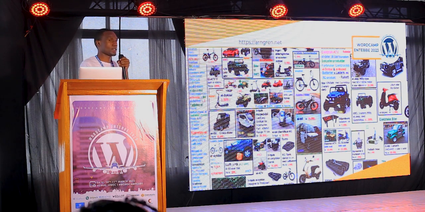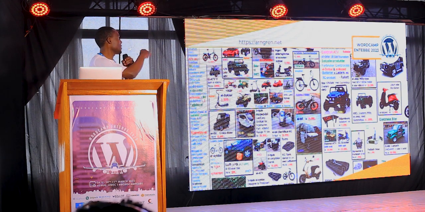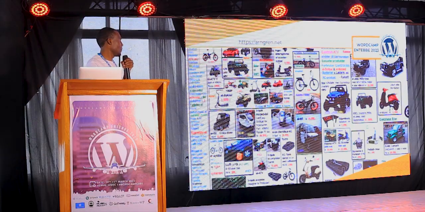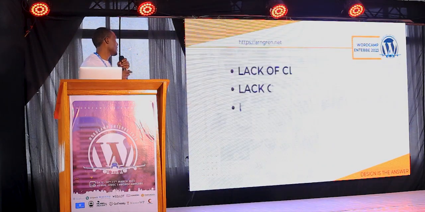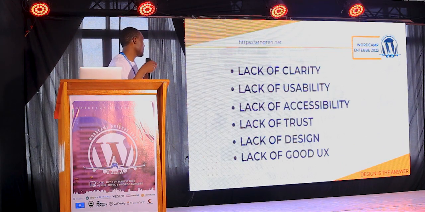It lacks usability, and you wouldn't try to navigate. The surprising bit is that this site is still active even up to now. Users still used it this way, but the first time, I had a bad experience and I tried to use it as an example here. This site lacks clarity, usability, accessibility, and good design and user experience.